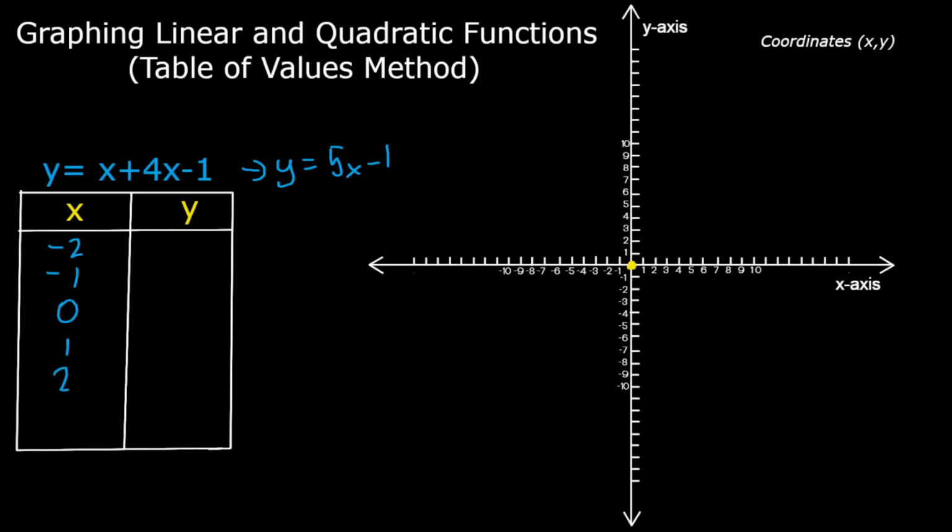Okay yan. Now, ang value ng y, so dito, y equals 5 times, kung ano yung value ng x, negative 2 minus 1. So, 5 times negative 2 is negative 10, minus 1 is negative 11.